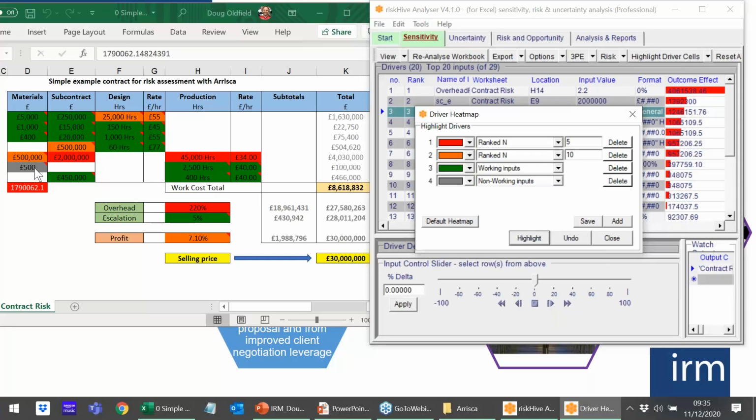This is all really useful stuff, but it's just on a very small spreadsheet. On a bigger, much more complex spreadsheet, this is much more difficult to do manually as an exercise. And so hopefully you can see the value of this type of process, and you can appreciate the value of sensitivity as a technique, which is distinct from Monte Carlo simulation.